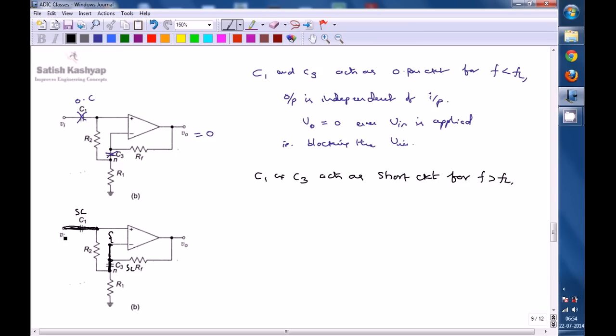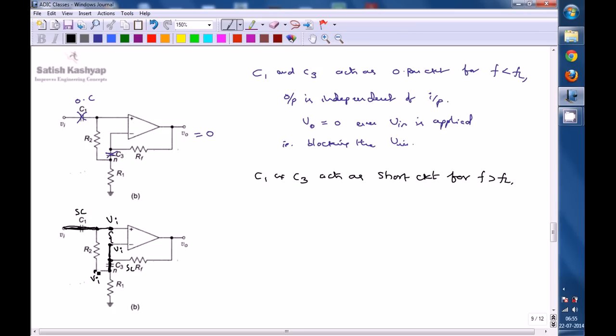Look at this. If Vi is the input voltage, and C1 acts as short circuit, the voltage at the non-inverting terminal is Vi. Because of the virtual short concept, the non-inverting terminal voltage is also present at the inverting terminal, so that is also Vi. The inverting terminal and node N are at the same voltage, also Vi, because C3 acts as short circuit.